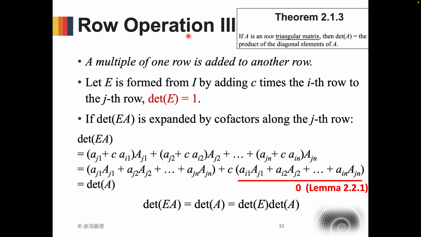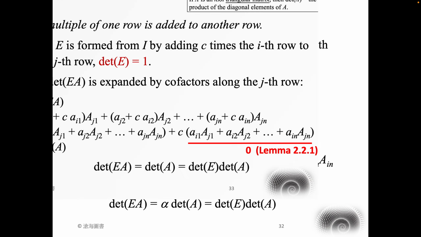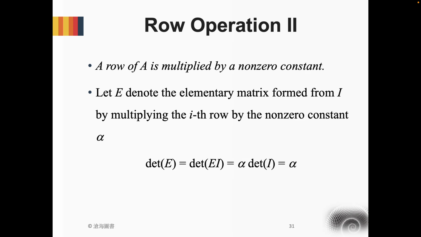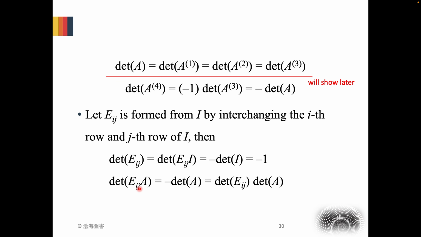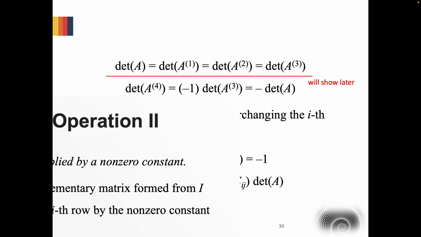So this is for type 3. And this is for type 2, right? For type 2, we can also write it down like this. And for type 1, we can also write it down like this, right?